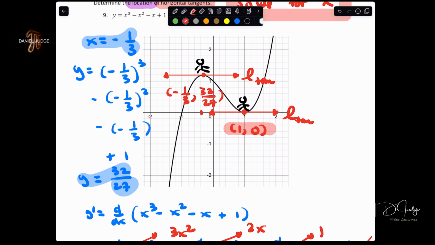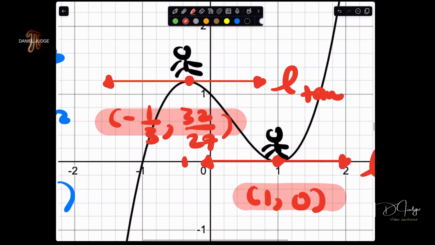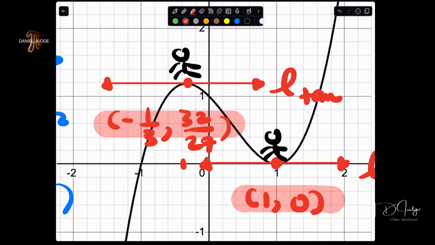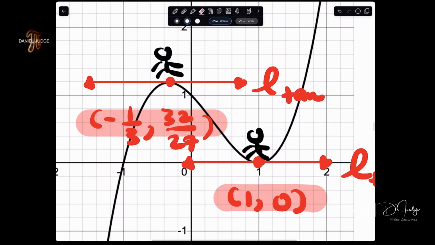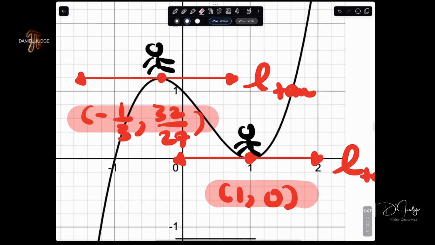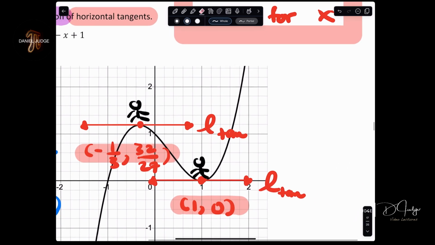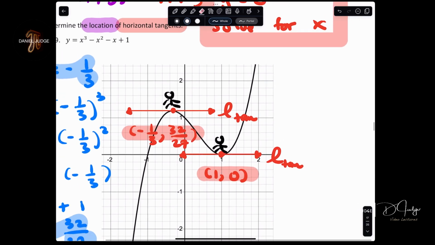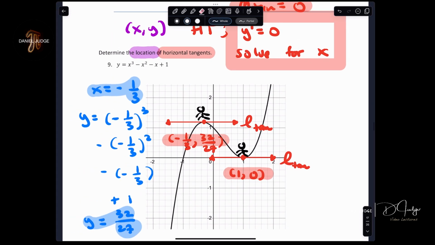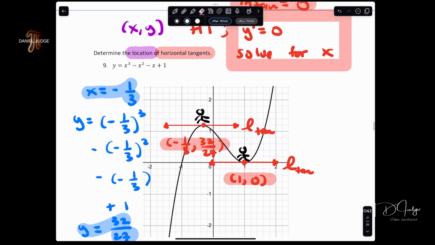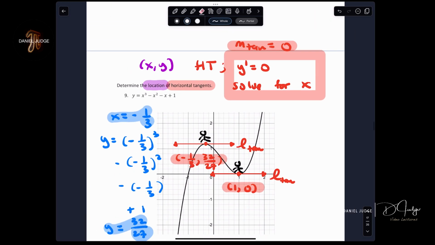So there you go, ladies and gentlemen. There's the answer. I just want to let you guys know this is how we find horizontal tangents for these particular questions. And that's that for number 9. We're going to look at the next question here, okay?